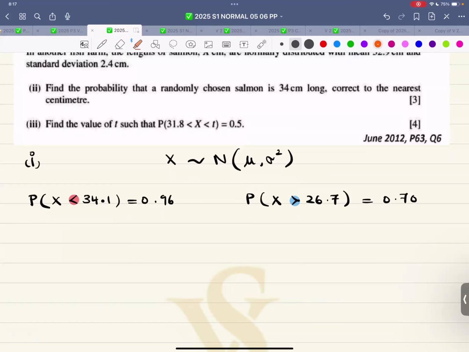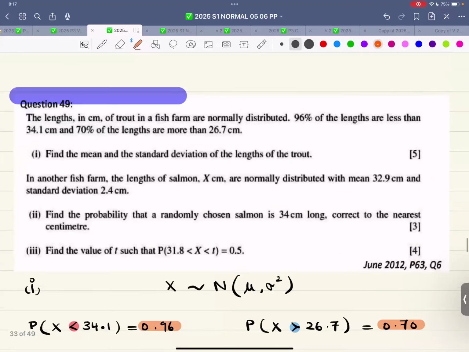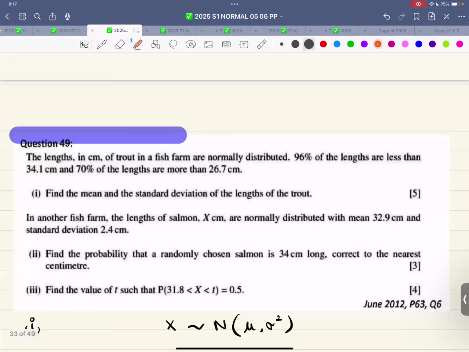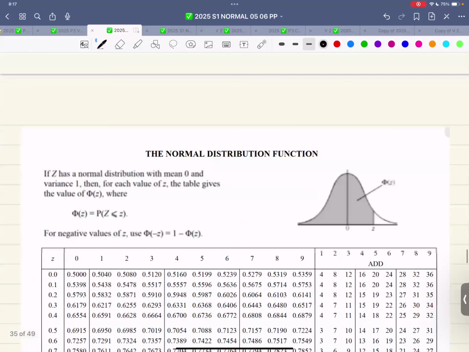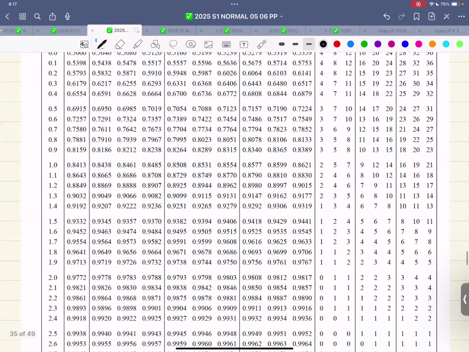Both probabilities are up to the mark. They are both more than 50%, so that's not an issue. Now let me focus on two things: if the probability is 96%, what is the Z value? If the probability is 70%, what is the Z value? So 0.96, let me first locate it.